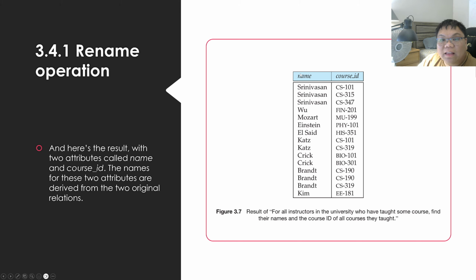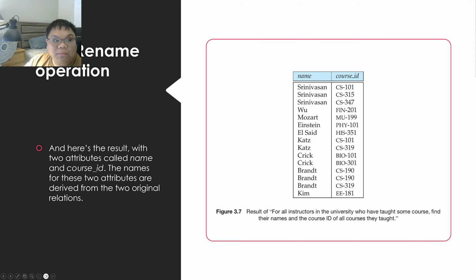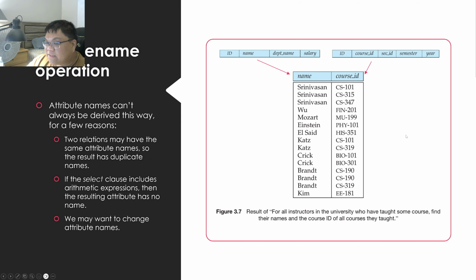As I said, the result of a query is another table. And the attribute names for this resulting table are derived from the tables referenced in our query. So name came from the name attribute in the original table, same with course ID.